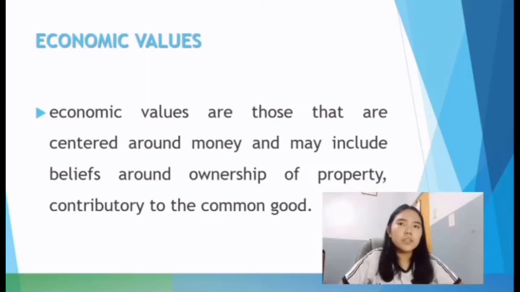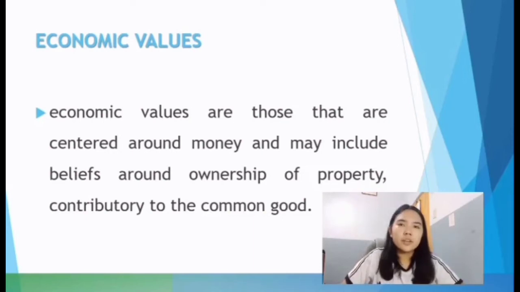Which means, pumapasok dito yung centered around yung money. Kumbaga, you need to use your money wisely. Kailangan, alam mo yung paggagamitan mo ng money, hindi lang about sa wants mo, alam mo yung wants mo, alam mo yung needs mo. You should focus on your needs kasi limited resources lang ang meron tayo.